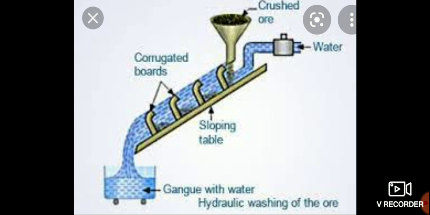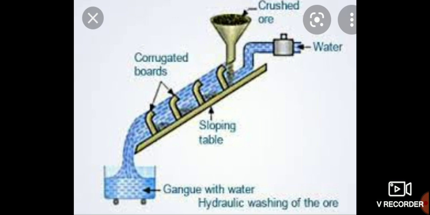The crushed ore is the fine powder of the ore, and it is poured into the water. The water is poured out, and the impurities are lighter in weight, so the water carries them away.